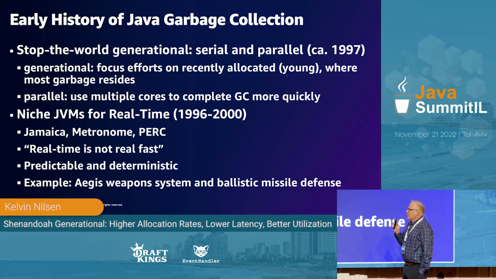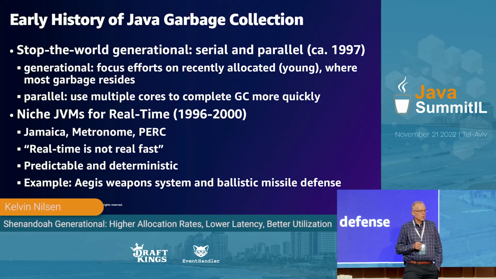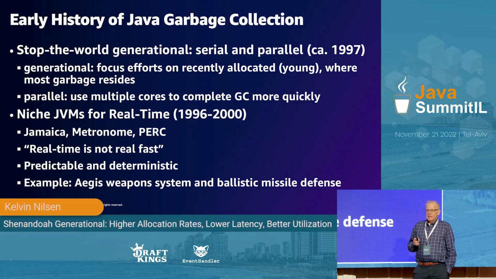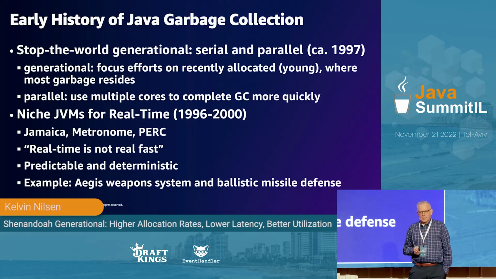I added, as part of the history of Java garbage collection, some discussion of real-time garbage collectors. These actually evolved very quickly after the initial release of the standard Java. I was instrumental in the PERC Java real-time Java virtual machine. But there are a number of these that emerged in the first few years after Java was released to the public.